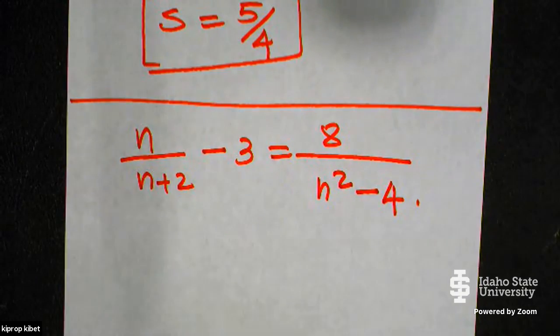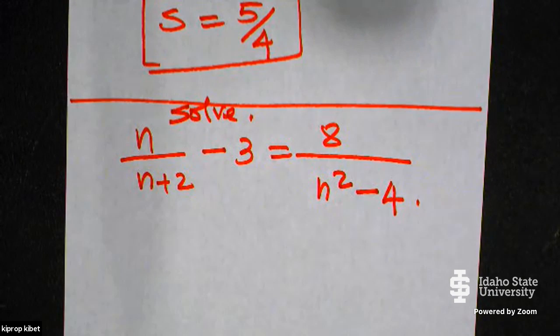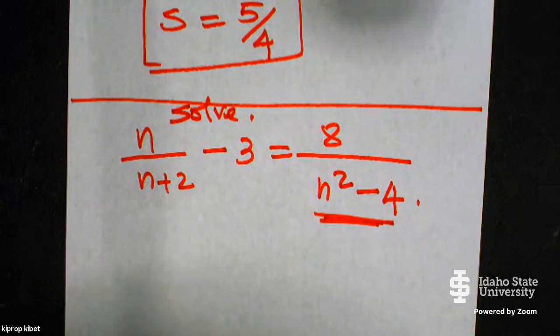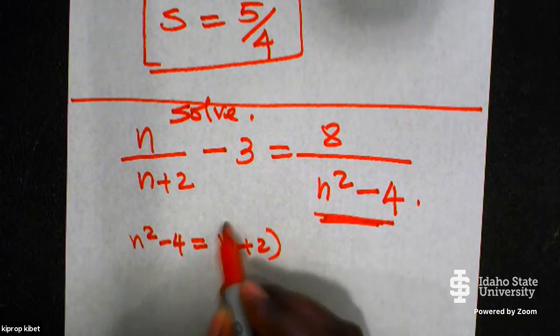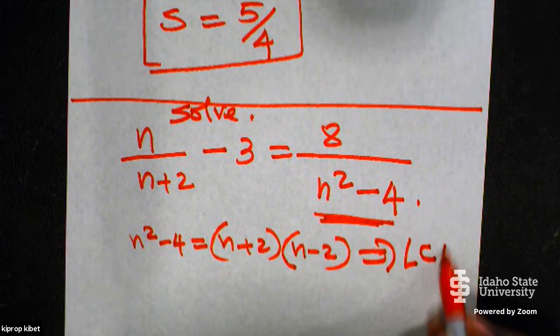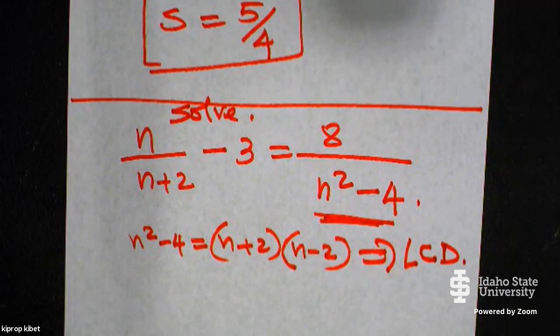So the question is, what do you do over there? Now, if you look at the last one there, it is a difference of 2 squares. So n squared minus 4 equals to n plus 2, n minus 2. So this will be our least common denominator. So you multiply by n plus 2, n minus 2.